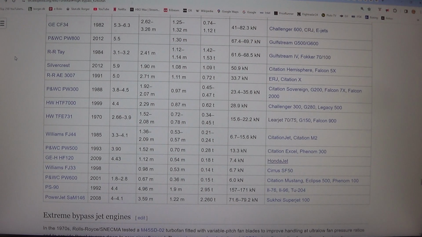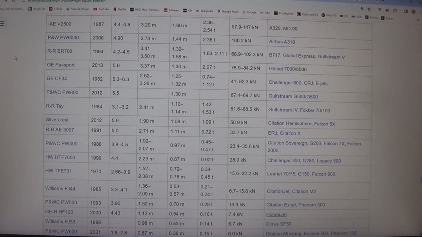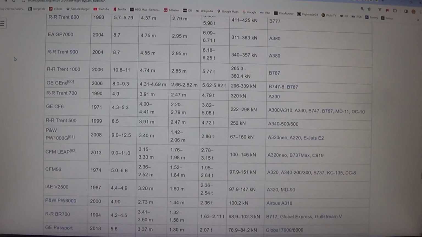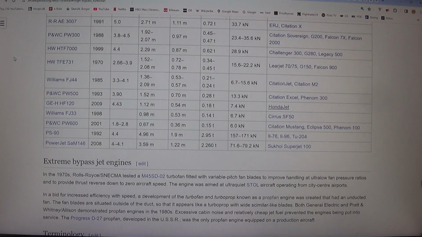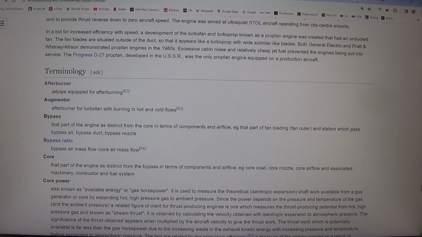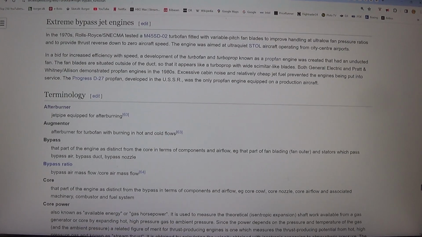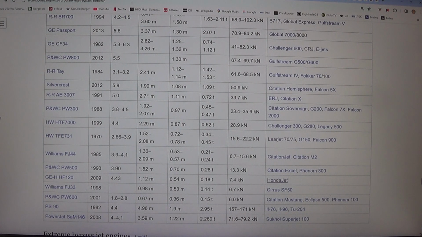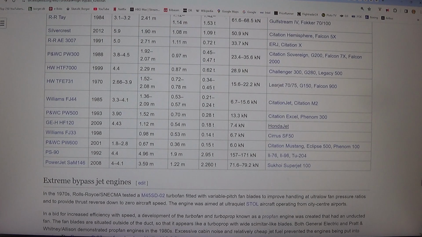RA 3007 1991 5.02.71 M1.11 M0.72 T33.7 KN ERJ, Citation X. PW 300 1988 3.84.51.92 2.07 M0.97 M0.45 0.47 T23.435.6 KN Citation Subrin, G200, Vulcan 7X, Vulcan 2000. HWHTF 7000 1999 4.42.29 M0.87 M0.62 T28.9 KN Challenger 300, G280, Legacy 500.